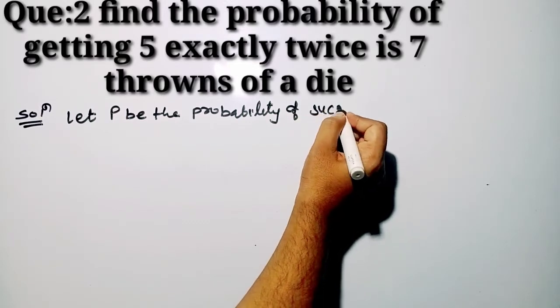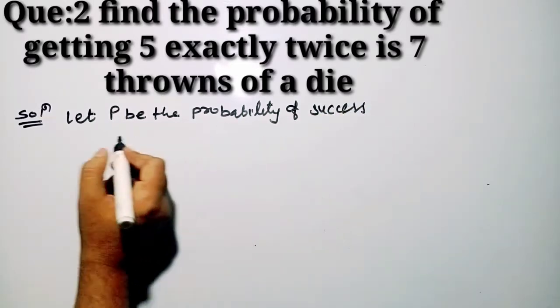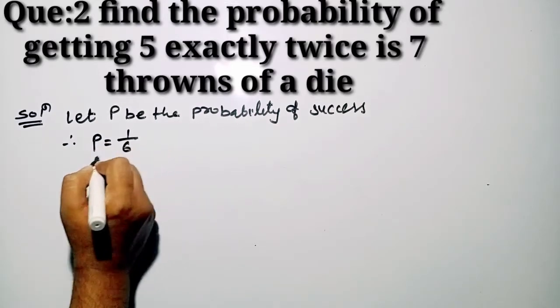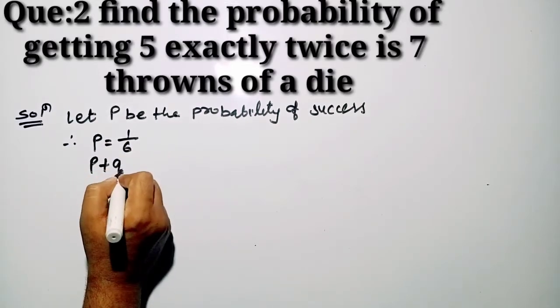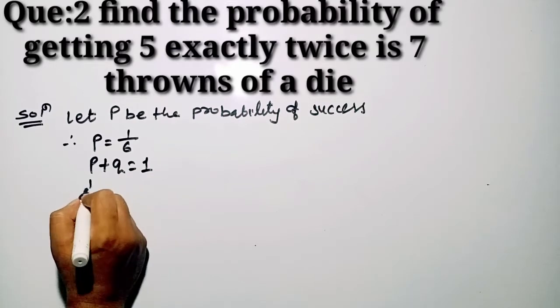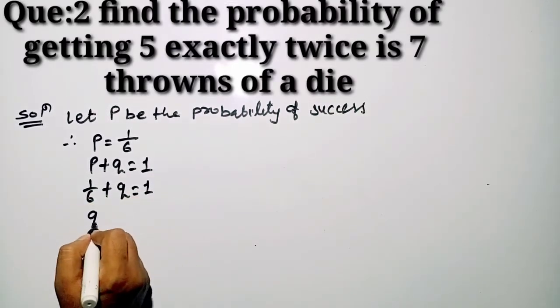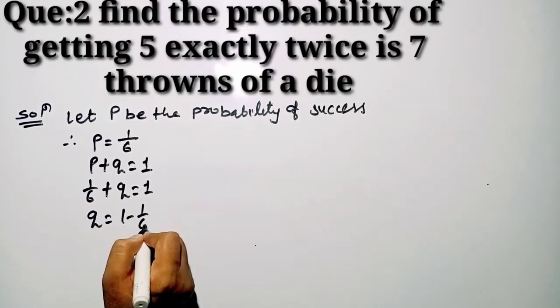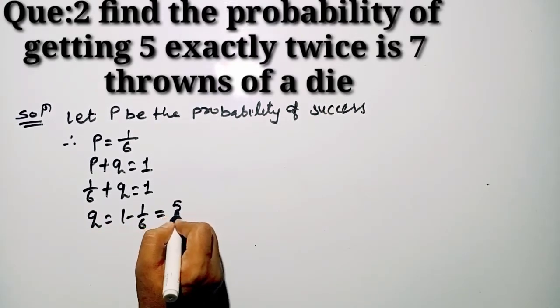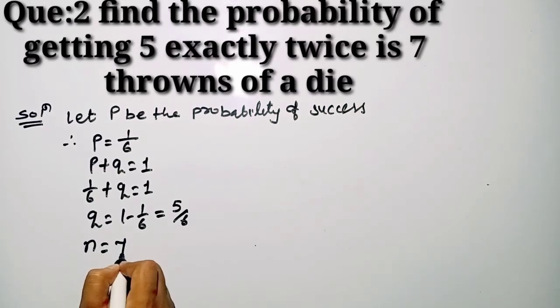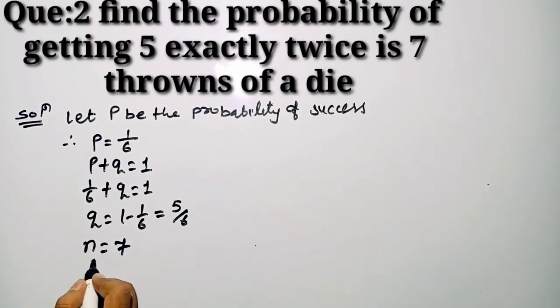What is P, the probability of success? So P is equal to 1 by 6. P plus Q is what, students? 1. So 1 by 6 plus Q is equal to 1. So Q is equal to 1 minus 1 by 6, so 5 by 6. n is equal to 7, right?